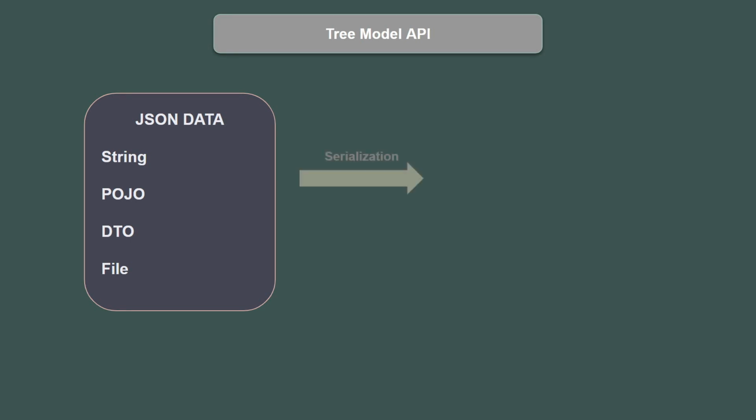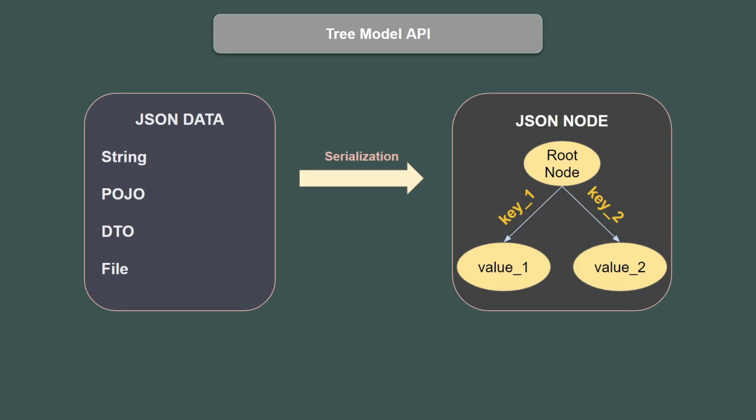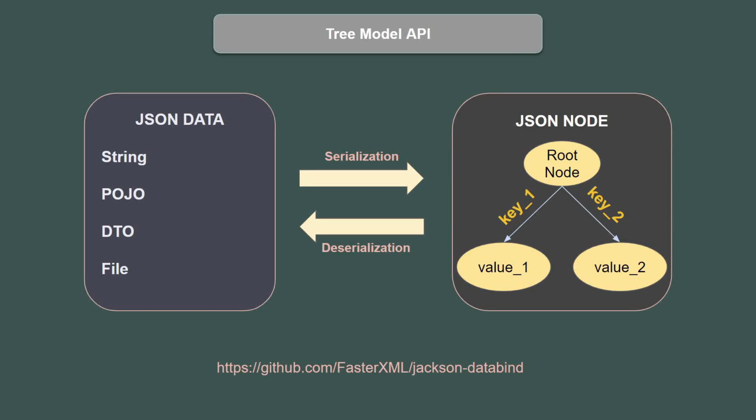We can serialize this object to a tree-like JSON node that has bound its elements from the Pojo fields. And vice versa. If we have a JSON node with some elements, we can deserialize it to a Java object with the same elements as object fields. You can learn more from the JSON data bind repository on GitHub.